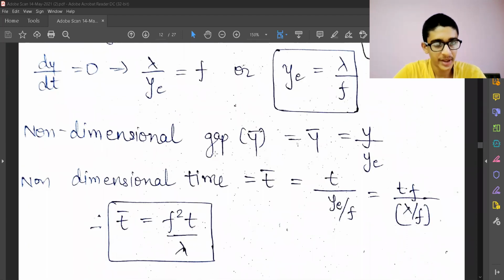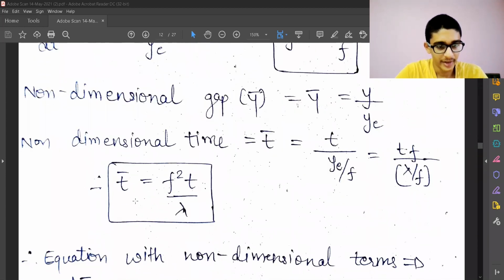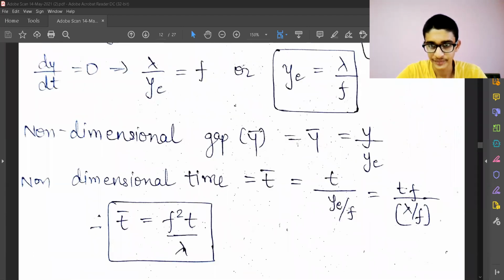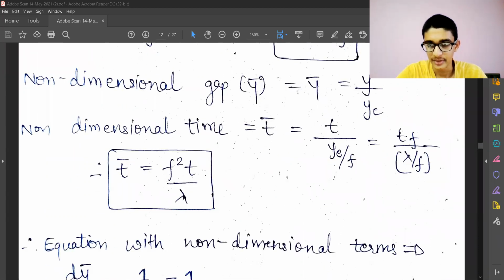Let me define a non-dimensional gap y bar, which is defined as y by ye, and non-dimensional time t bar is equal to t by some time scale, ye by f. So this is t into f upon lambda by f.